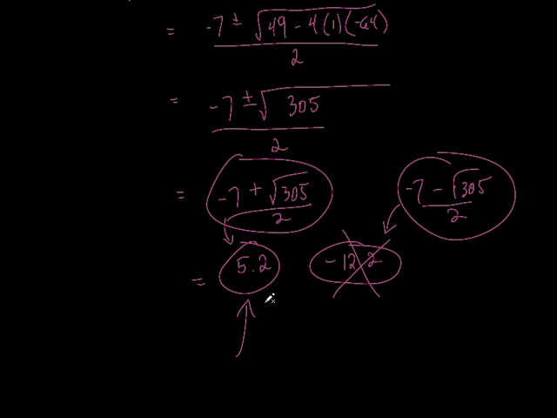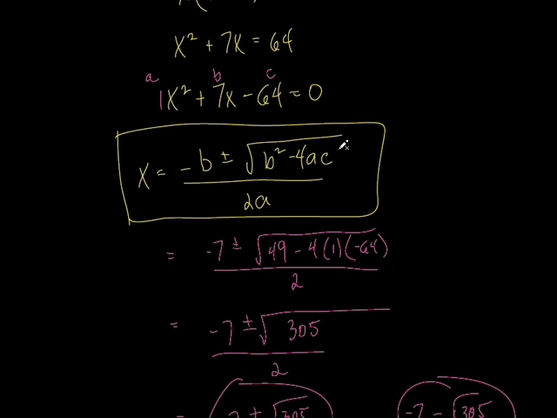Let me give you some problems to do. If they give you a number in the square root, like 174, so what do you do? Put in a calculator. Put 305, hit square root.